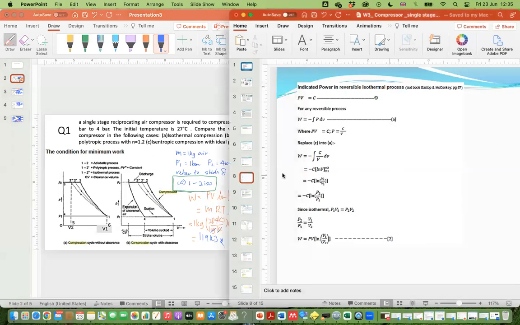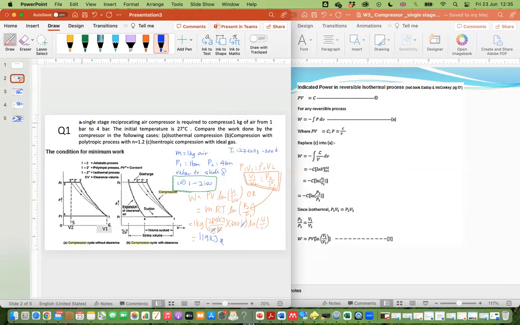If you refer to our lecture note slide number 8, this is the indicated power for the isothermal process. If you refer to the slide on your left side here, isothermal is colored blue.